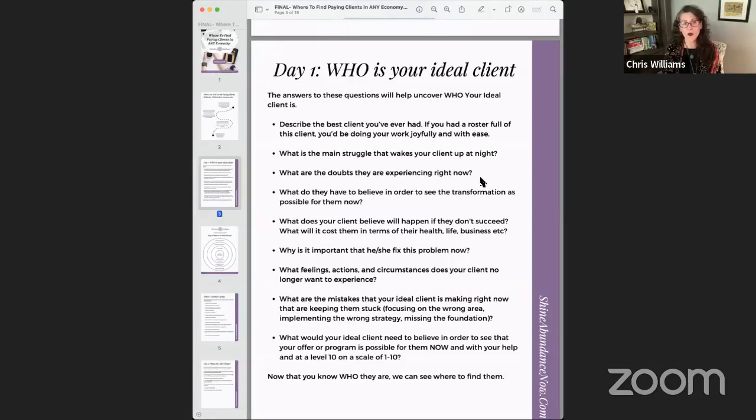So this is important. What do they have to believe in order to see the transformation is possible for them now? Before we can say yes to anything, whether it's investing in a business coach or a health coach or a voice coach or a brain coach or a mindset coach, we have to go up through a ladder of beliefs. And the first rung is, what do I believe is possible?